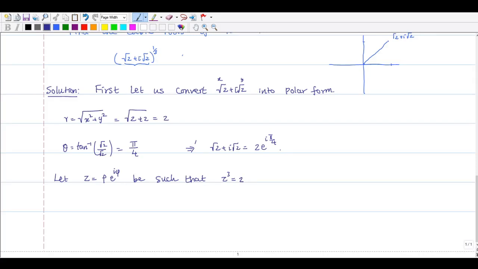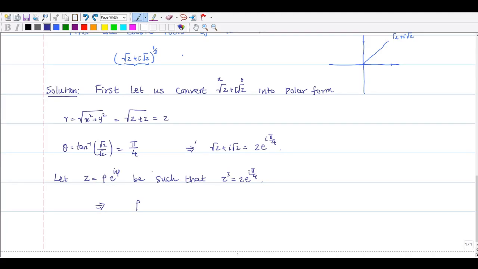That is equal to 2 e to the power i pi by 4. By De Moivre's theorem, this implies that z, இதனுடைய cube வந்து என்னது? This implies rho cube. ஓகேங்களா? rho cube இல்லைன்னா தனியாகவே இன்னொரு லைன்ல எழுதிக்கலாம்.